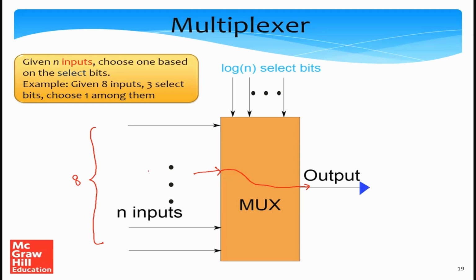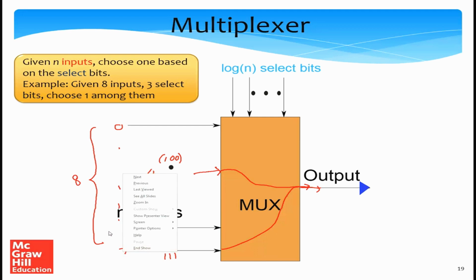Let's say this is input number 4, and if the values of the select bits are 1, 0, 0, then we'll choose this input to get reflected at the output. Similarly, if we want the value of the last line to get reflected at the output, then the value of the select bits should be 1, 1, 1, where we are assuming that they are numbered from 0 till 7.